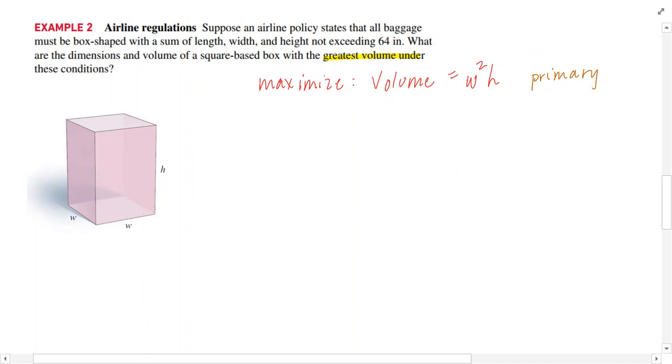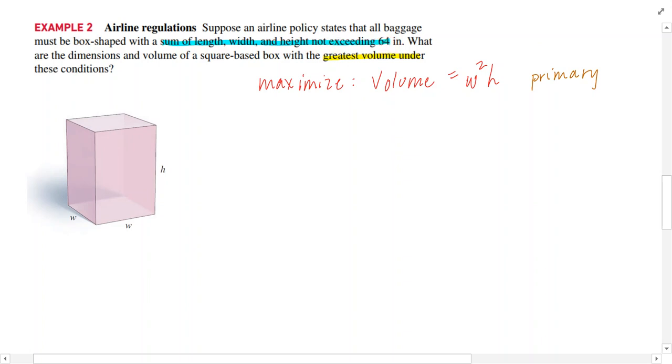Now we have to come up with some sort of secondary equation because, again, volume is written in terms of two variables here. So I have to have another equation so that I can make the substitution and rewrite volume in terms of only a single variable. So what is that second equation going to come from? Well, if we look back to our question, it says that all baggage must be box-shaped with a sum of length, width, and height not exceeding 64.